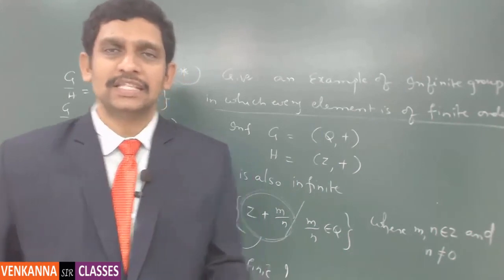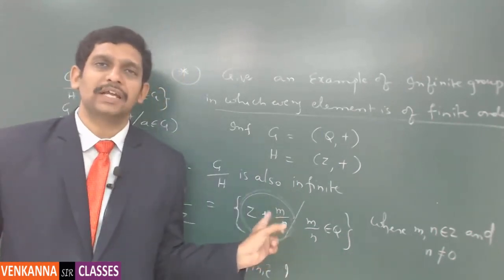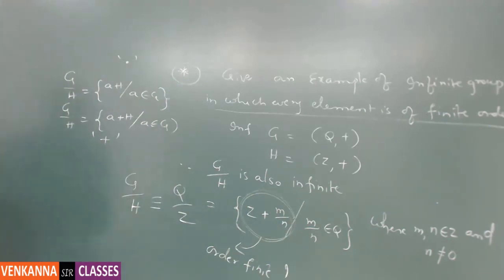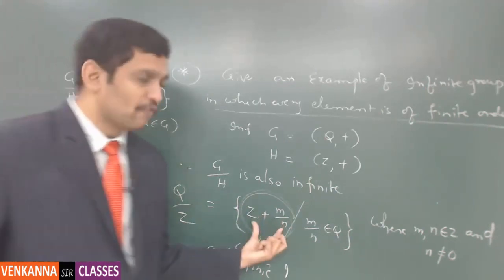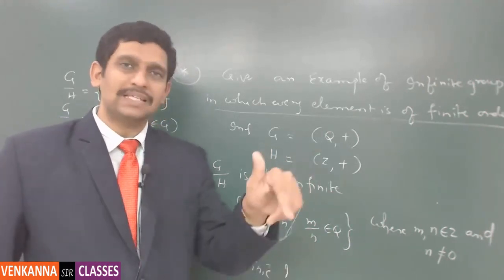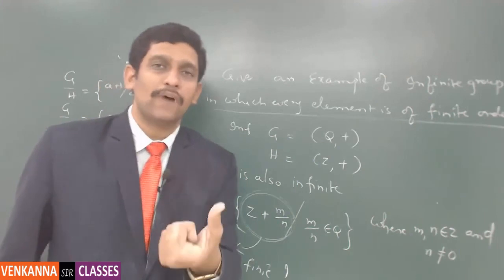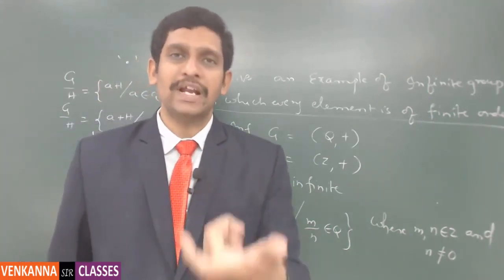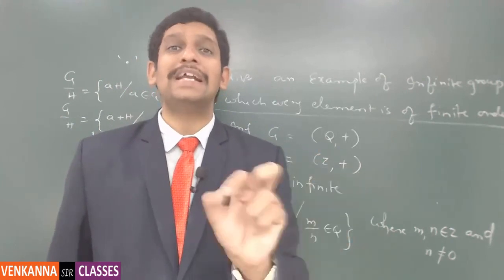If such is the case, what is the operation here in this quotient group? Plus. So for this element, I need to apply the operation plus repeatedly for a finite number of times. So after a finite number of times, I should get the identity.